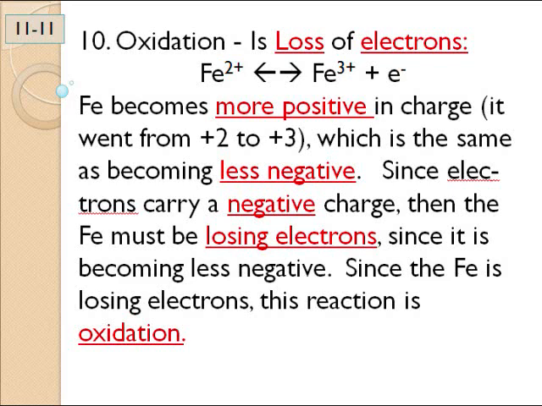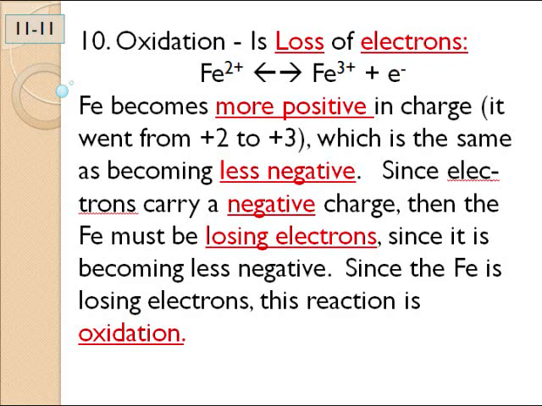Now here's oxidation. In oxidation you have something like iron, which before you fool with it, is a +2. Now if I remove an electron, why does it become +3?